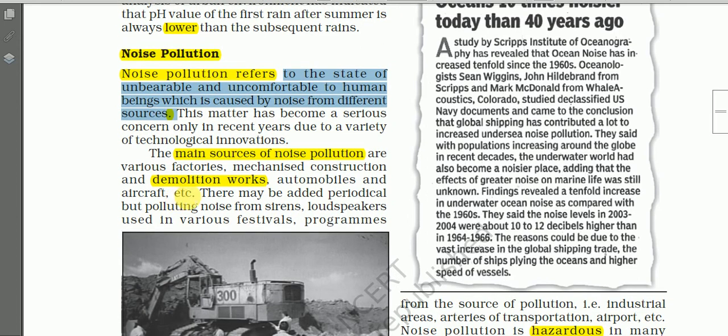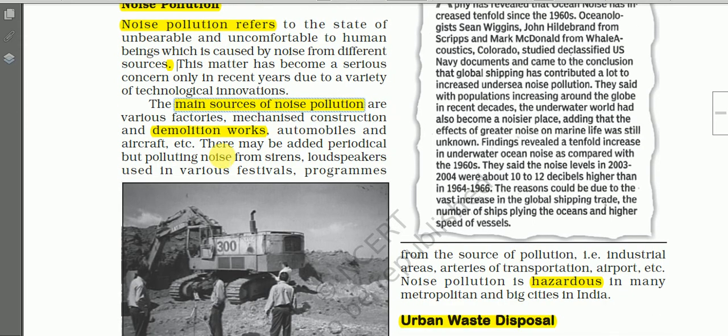And here, the main sources of noise pollution are various factories, then mechanized construction, demolition works, automobiles, and aircrafts. So machineries in the factories, then mechanized construction, that is, construction work using machines and cranes, and demolition work.